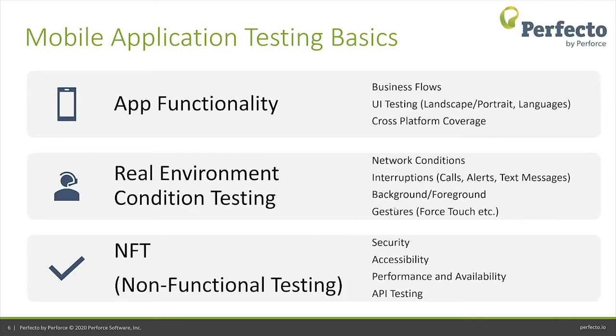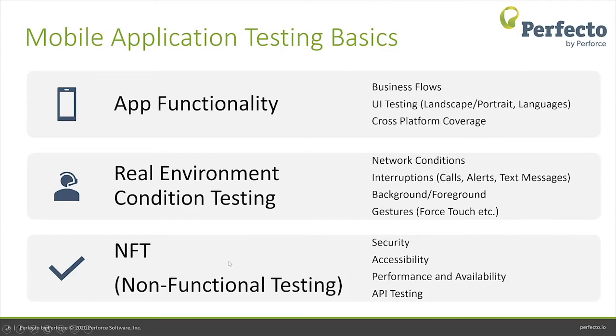Obviously, test your app across different gestures. If your app also supports things like force touch, include force touch testing to get a kind of right-click menu of your app with a subset of the capabilities. So these are the real environment condition bucket for your mobile testing strategy.